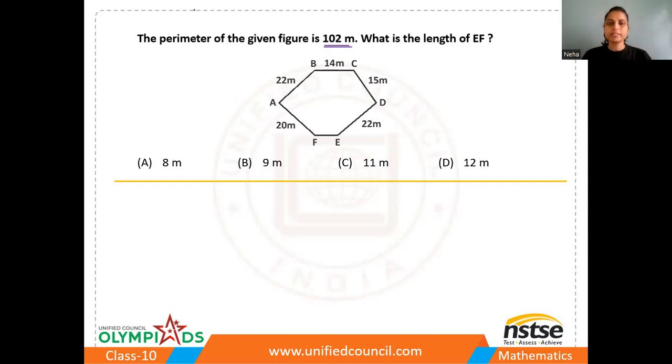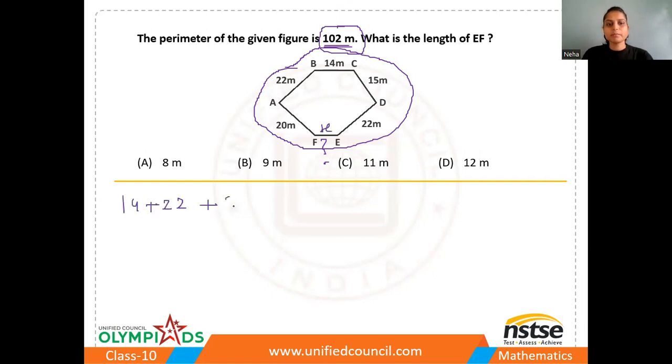That means we have this outer boundary, and the length of this outer boundary is called the perimeter. The perimeter is given as 102, but one side is missing, and the question is asking for this side. So let's suppose this is x. That means 14 plus 22 plus 20 plus x plus 22 plus 15.